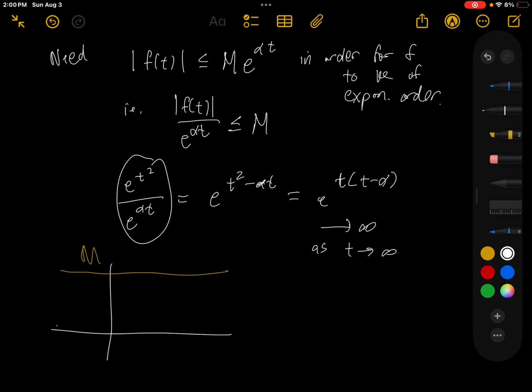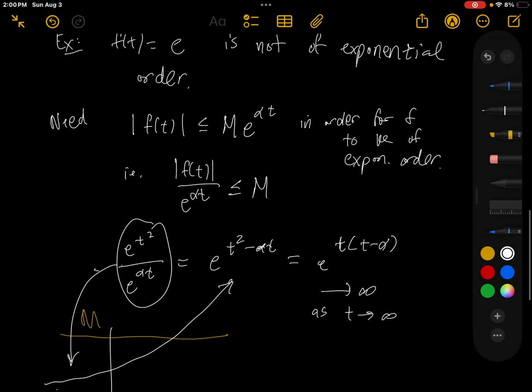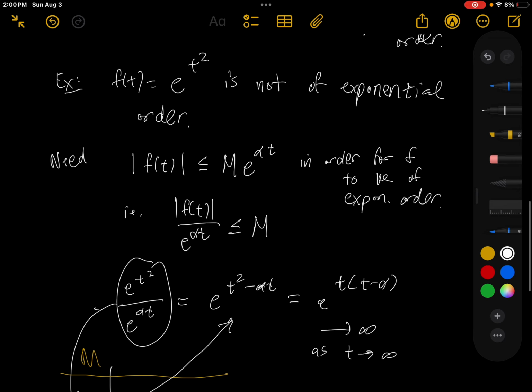But that's not what's happening, because if you imagine graphing this function, it's going to go off to infinity. So it's going to surpass every constant m. And so what that means is that your function, little f, is not of exponential order.